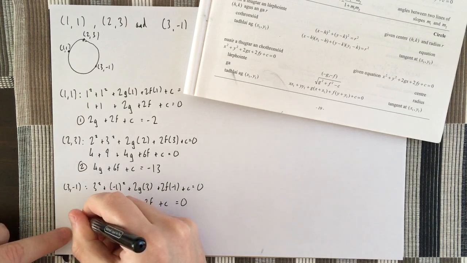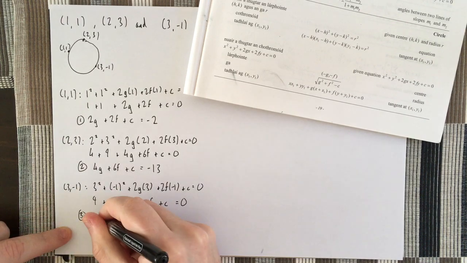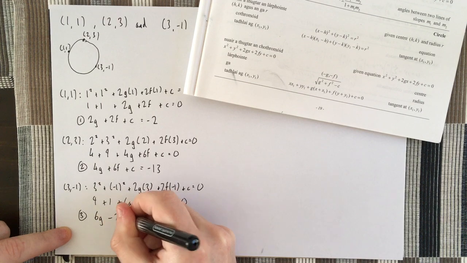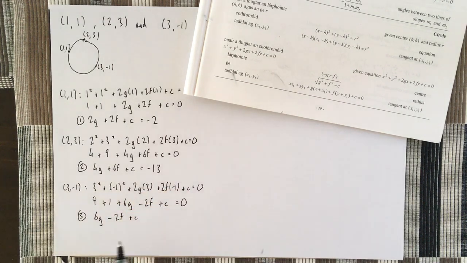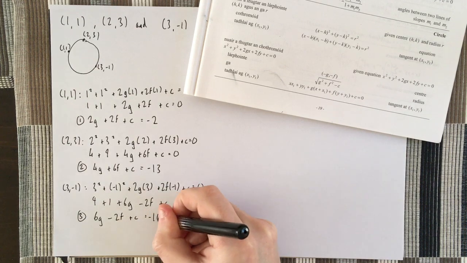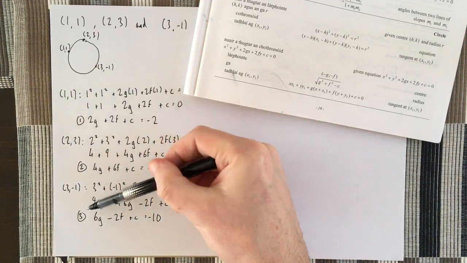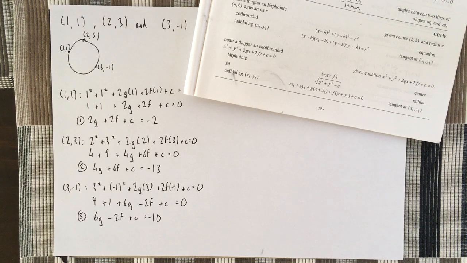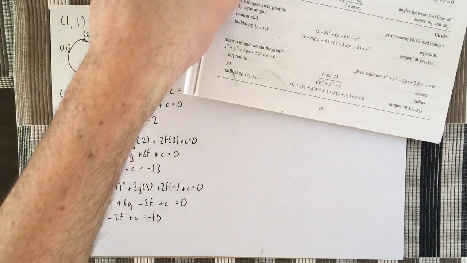So the third equation is 6g minus 2f plus c equals minus 10, since 9 plus 1 is 10. So there's my three equations: 2g plus 2f plus c equals minus 2, 4g plus 6f plus c equals minus 13, and 6g minus 2f plus c equals minus 10.